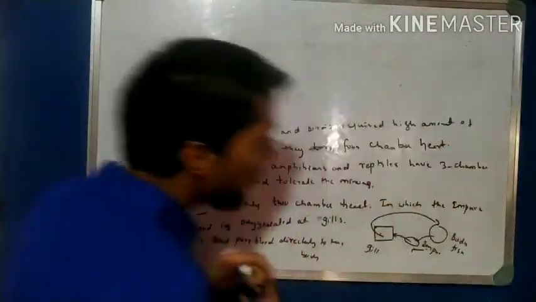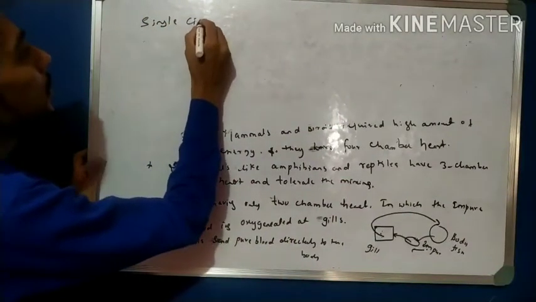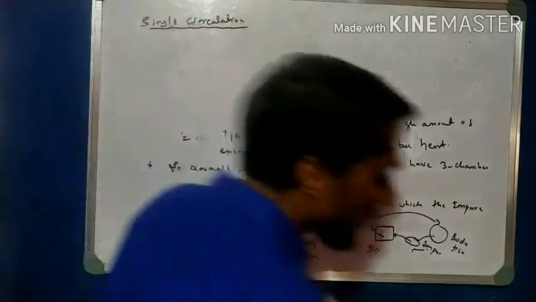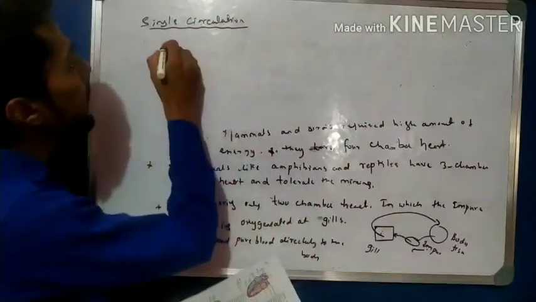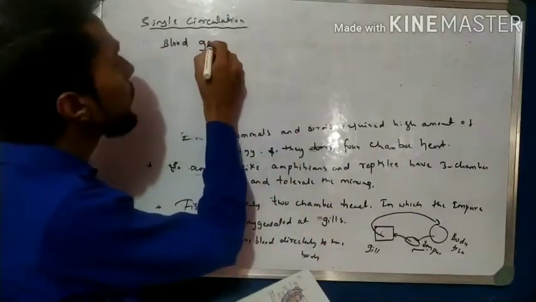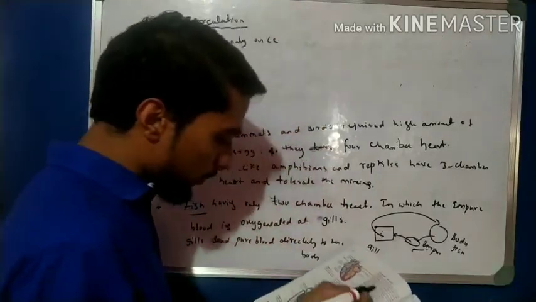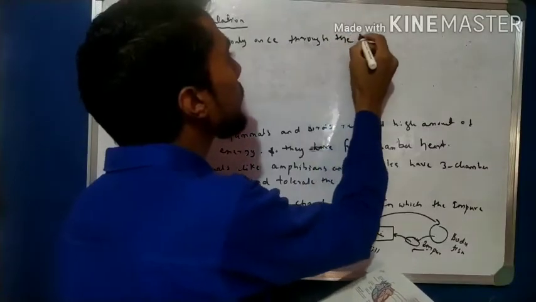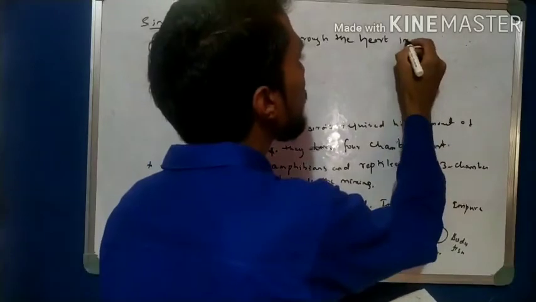So here the point is single circulation. Single circulation, write out here, meaning blood goes only once through the heart, in the fish.